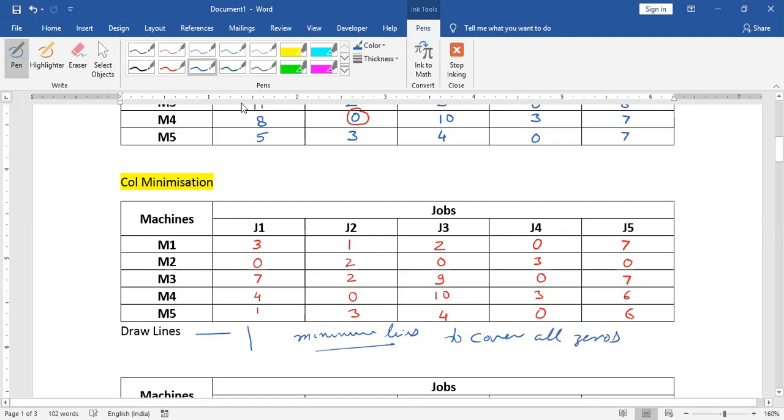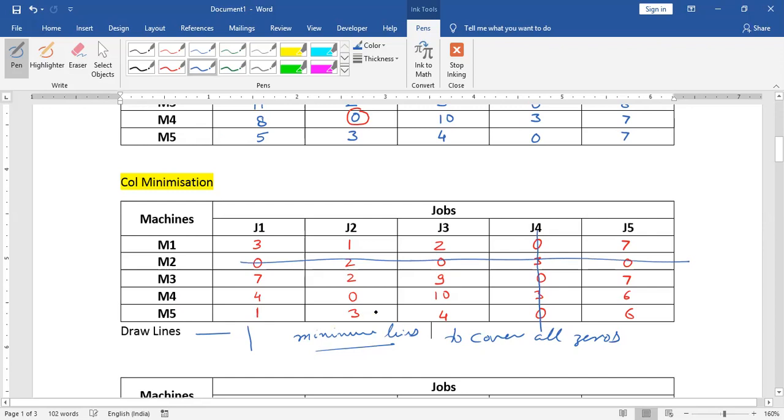I have to cut all zeros with the minimum lines. If I draw this line, with the help of this line, how many zeros do I cut? 3 zeros.